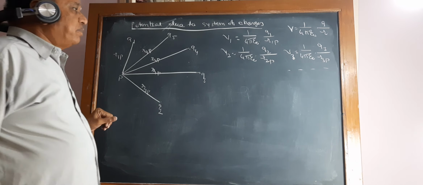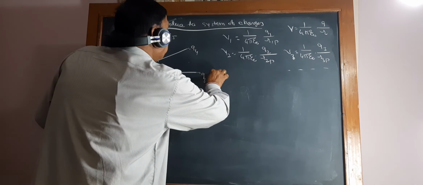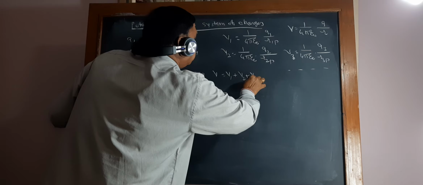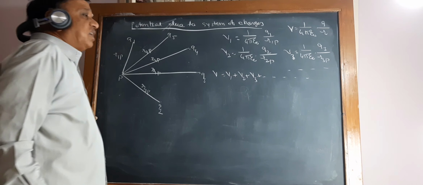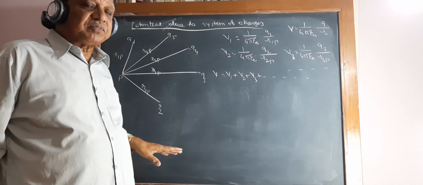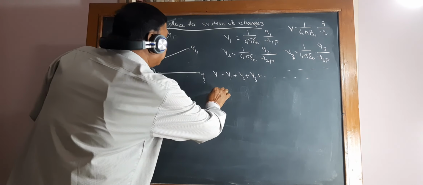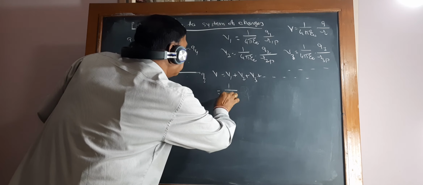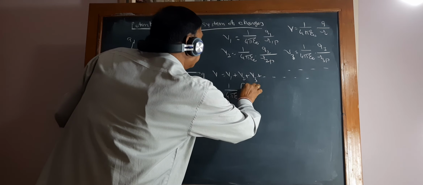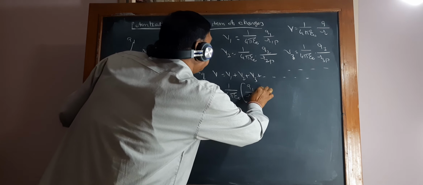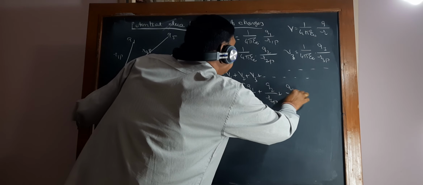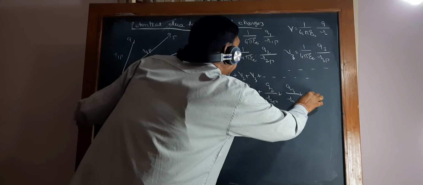Now, according to the principle of superposition, V equal to V1 plus V2 plus V3 up to what you require. Then we have to add all these terms. So we can write 1 upon 4 pi epsilon 0 times Q1 upon R1P plus Q2 upon R2P plus Q3 upon R3P, and so on.